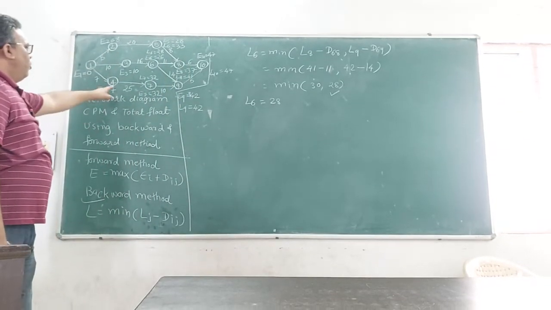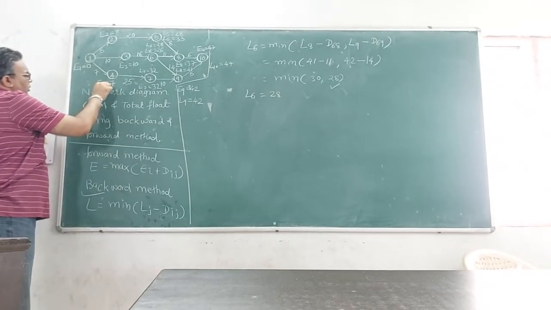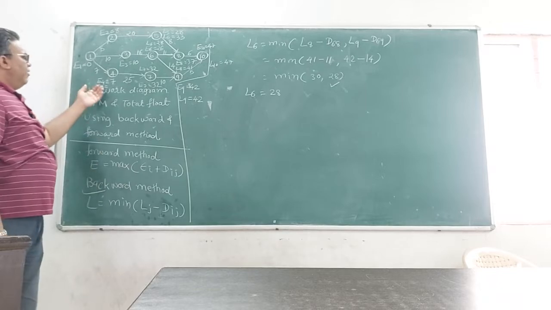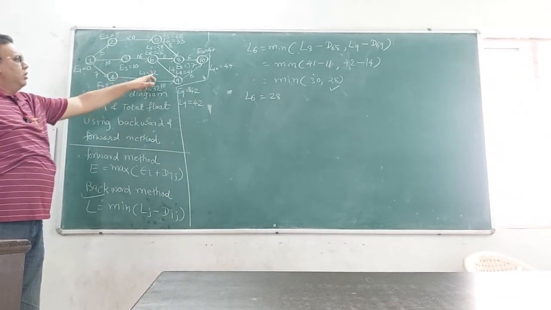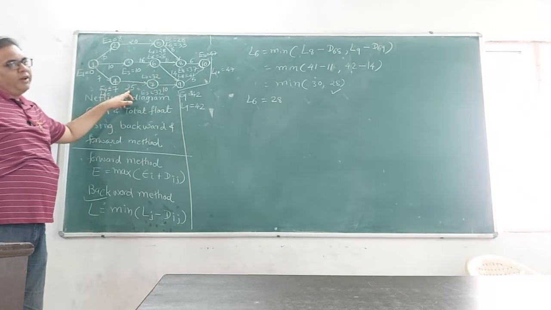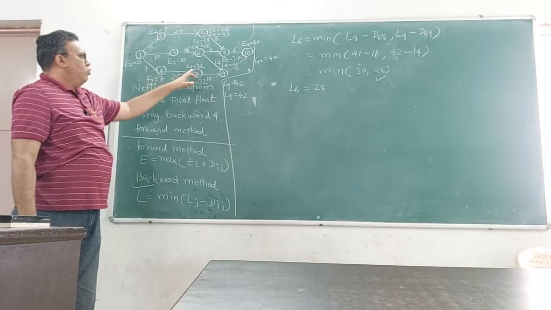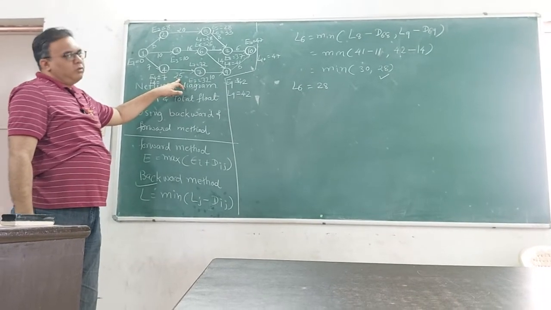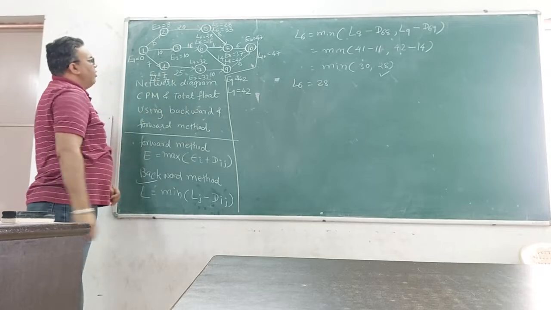Now L4. For L4 the preceding value is L7, 32 minus 25. I repeat one more time, 32 minus 25, so the value is 7. So L4 becomes 7. Now L3.